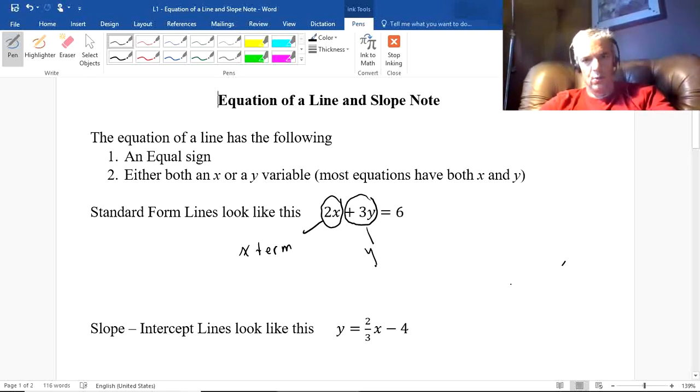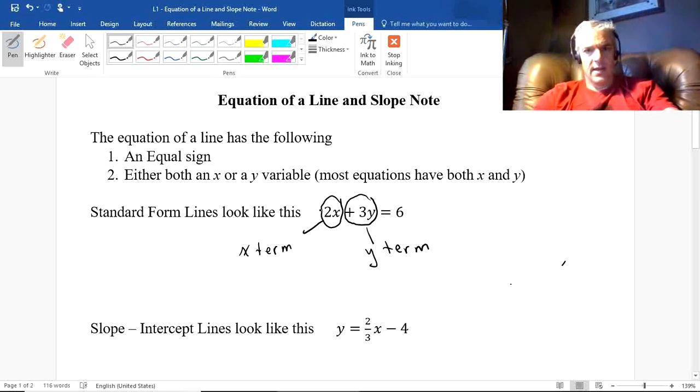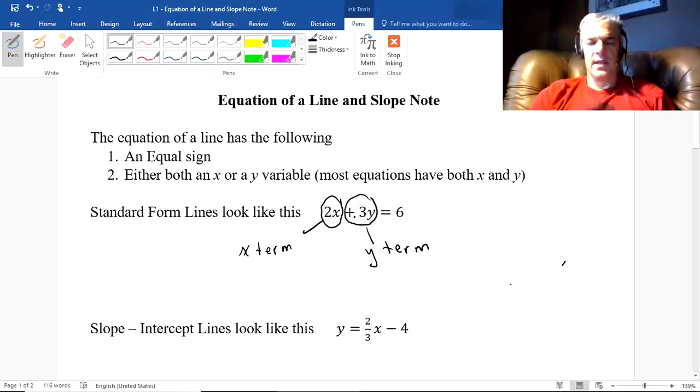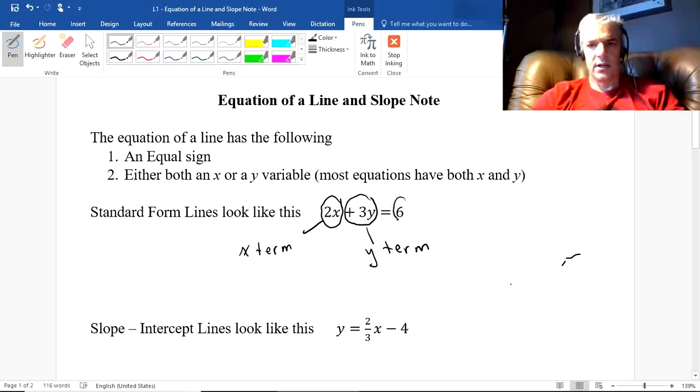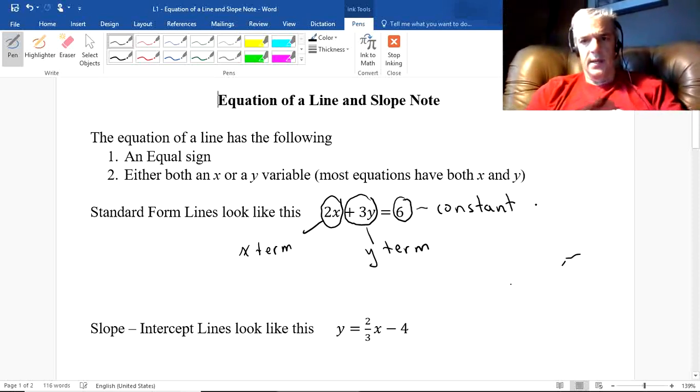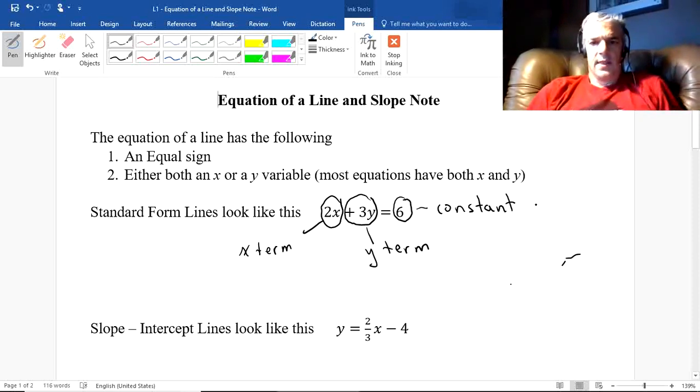If there was a sign out in front of the x, it would go with it too, but there's no sign, so we assume it's positive. And then we have the constant term. This is our number over here, and we just refer to it as a constant. And it's out there on that side.